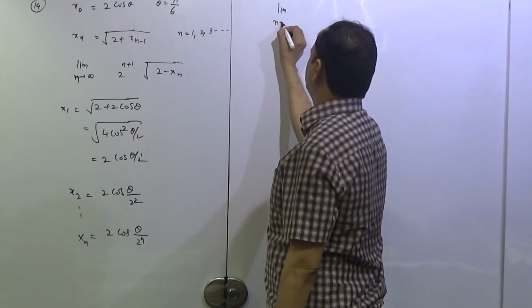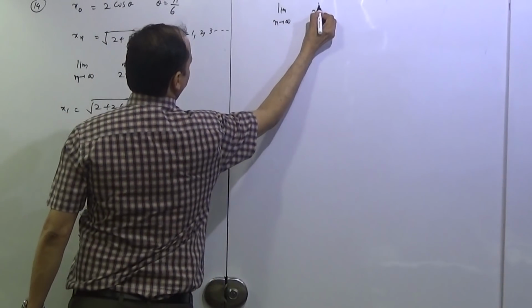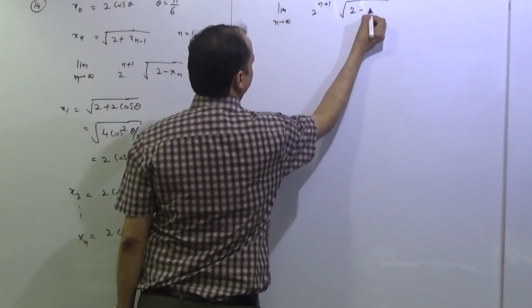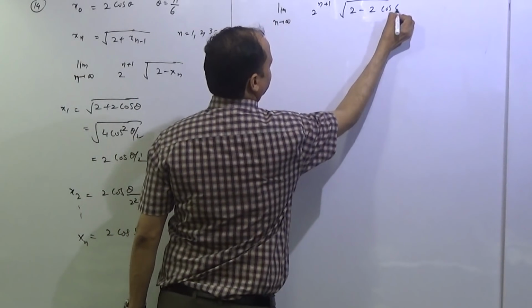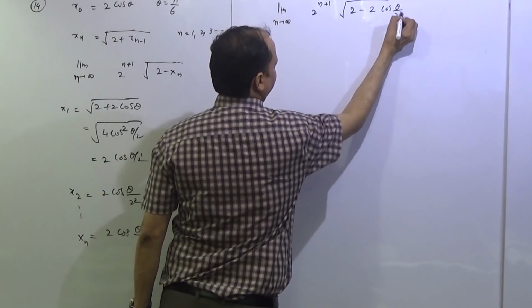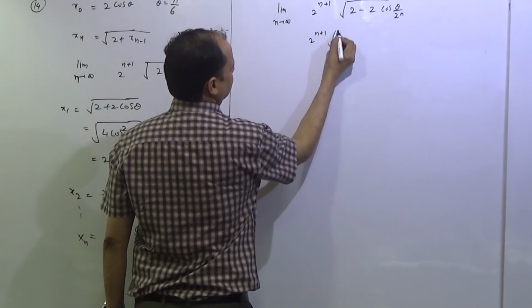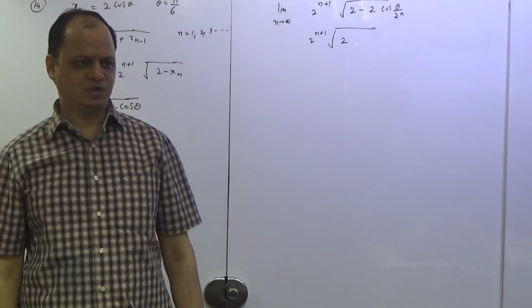Limit n approaching infinity, I get, and I am writing 2 raised to power n plus 1, in square root I am getting 2 minus 2 cos theta by 2 raised to 2 raised to power n. Right? 2 raised to power n plus 1 under root, 2 out, 1 minus cos theta is 2 sin square theta by 2.